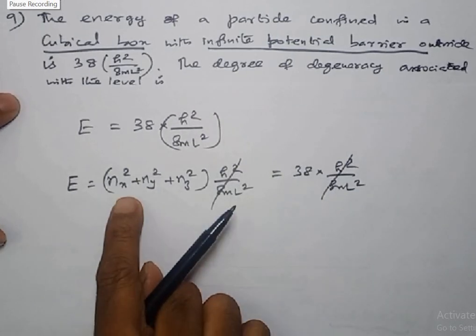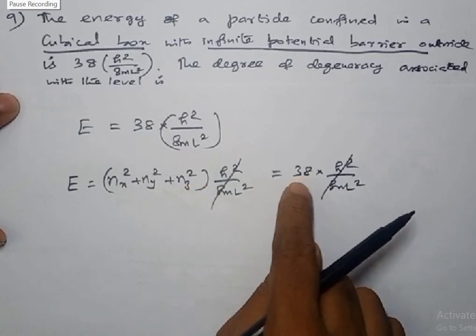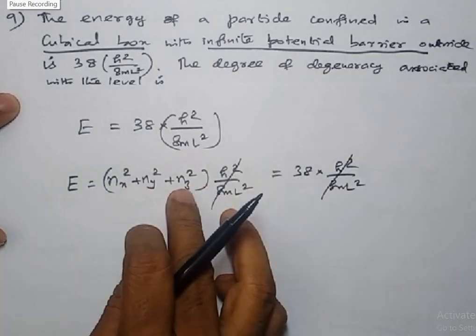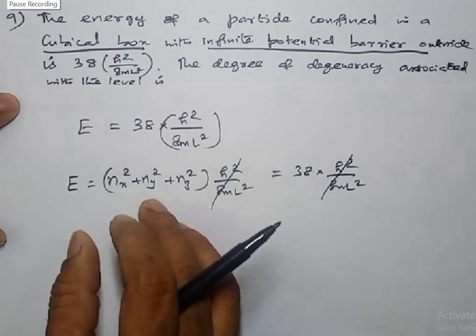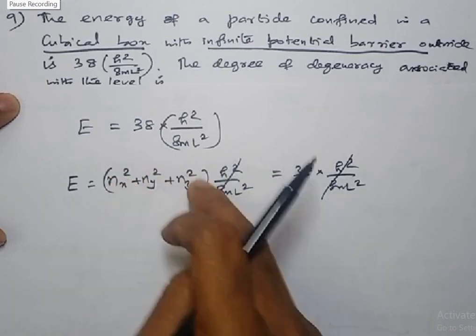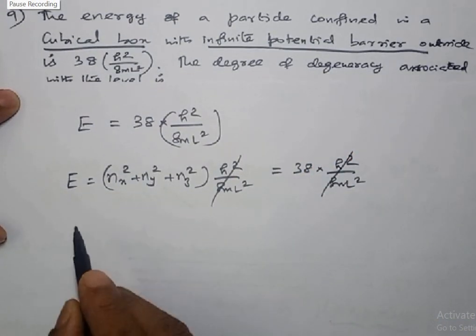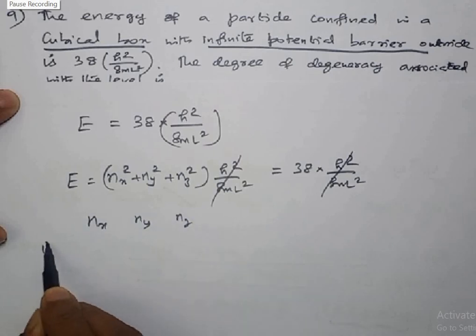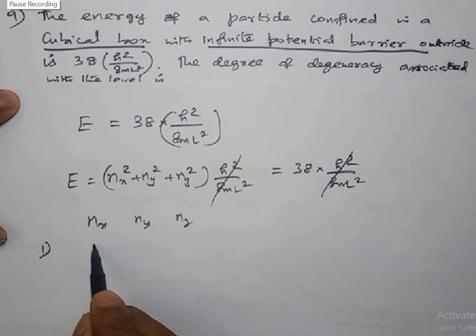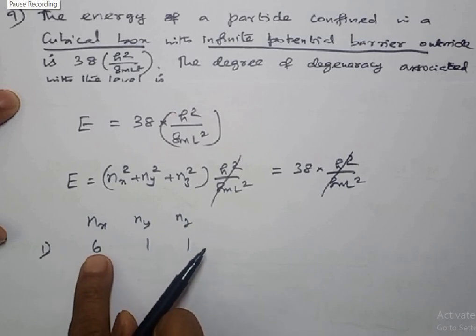Now the sum of nx square, ny square, nz square should equal 38. So we need to select positive integer values such that the sum of their squares gives 38. What combinations will there be? Combination number 1: take the values 6, 1, 1. 6 square is 36.